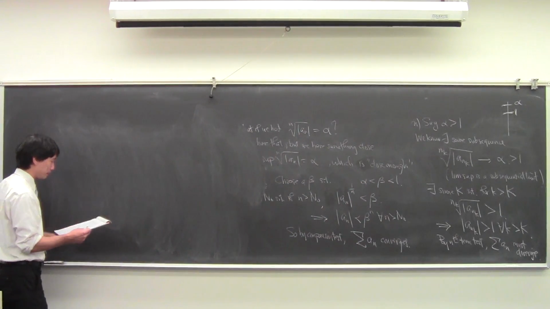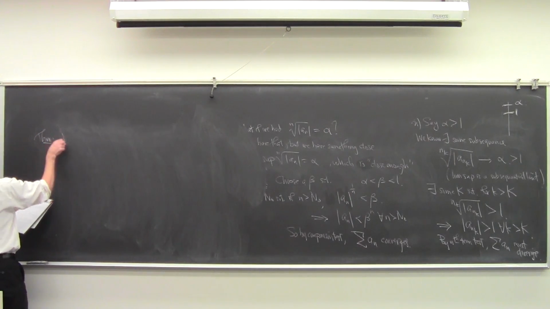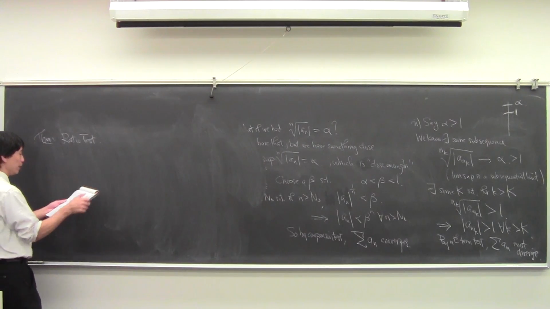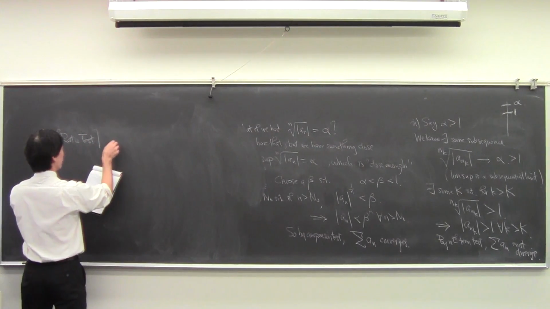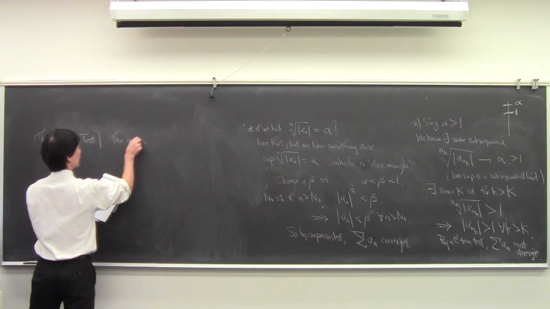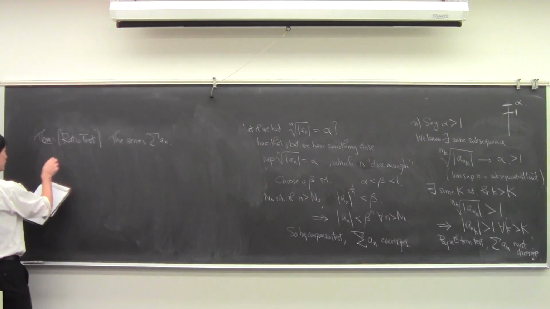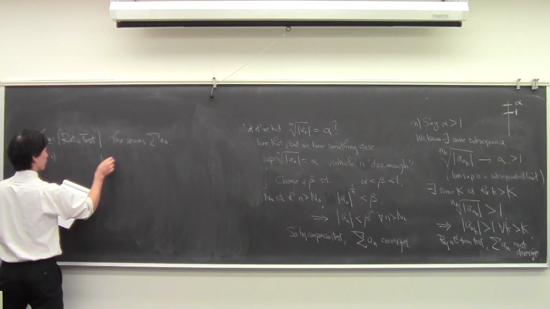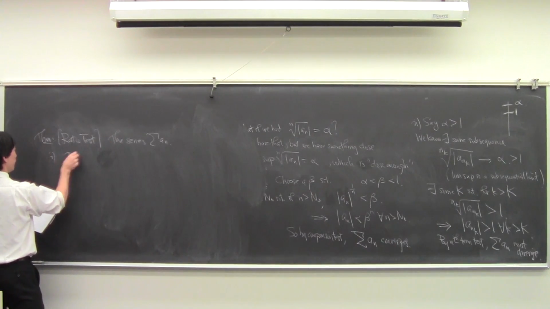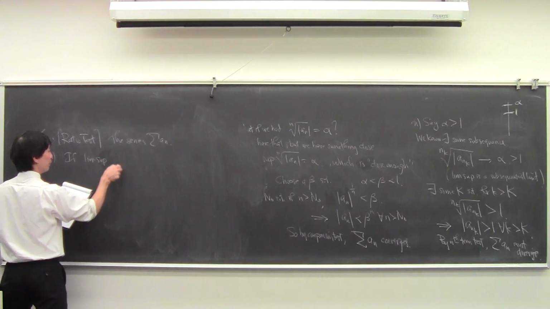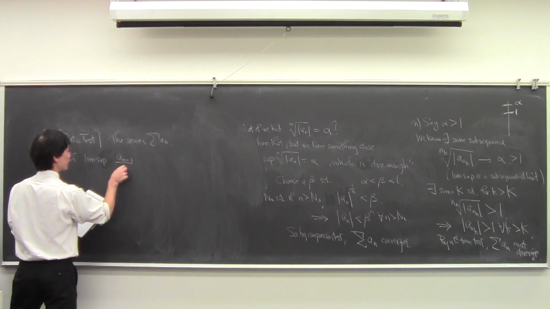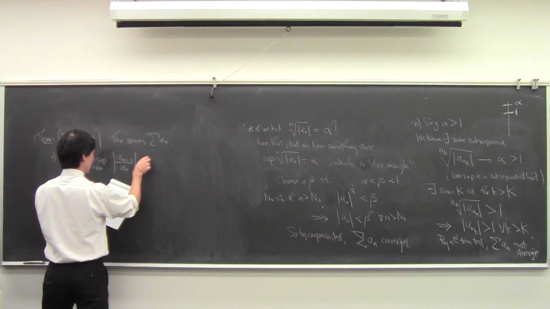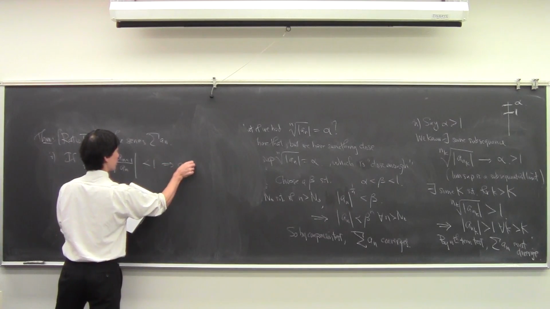Okay, second, old acquaintance, if not friend of yours, the ratio test. So again, we have some series, a sub n, and you look at the lim sup. If the lim sup of the ratio of the sizes of successive terms is less than 1, then you have convergence.